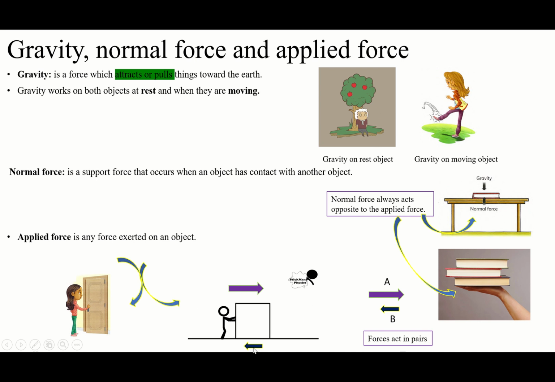But why is the object moving? One force is from left to right, one force is from right to left, but the object moves from left to right. Why? What's the difference between the force of left to right and right to left?